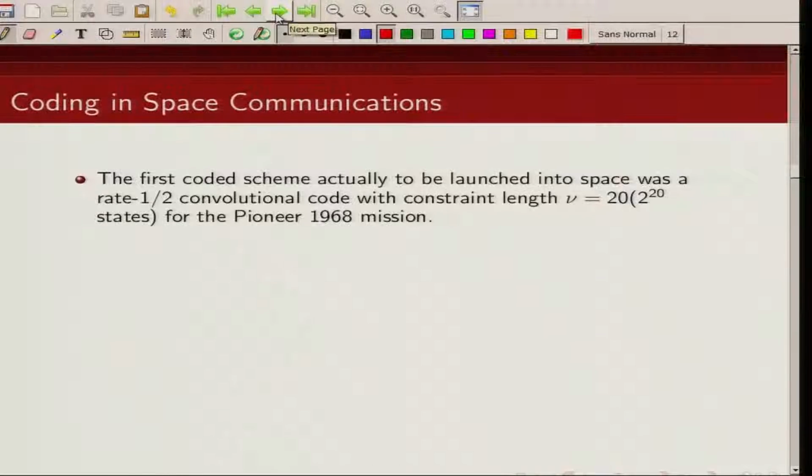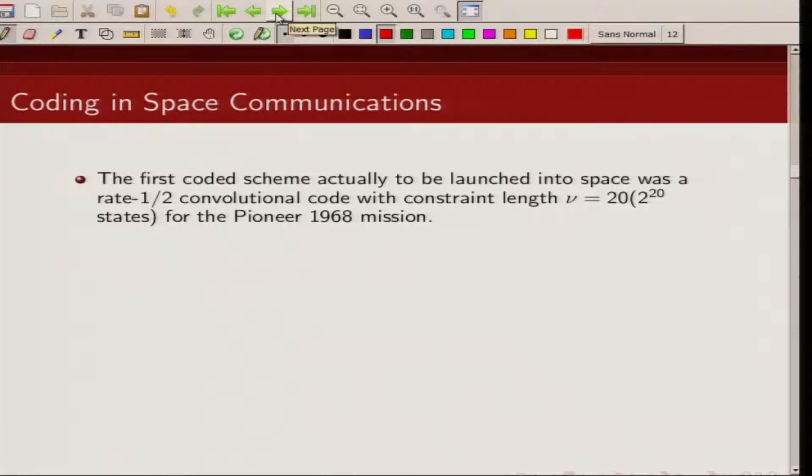And then finally around 1993 turbo codes were discovered and LDPC codes were rediscovered, and from the late 90s onwards, early 2000, people started proposing these codes for various standards, and they found applications in many communication standards. So that's a brief outline of how things have evolved over 50-60 years.